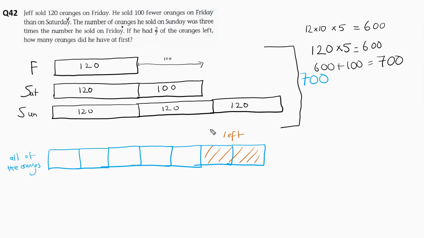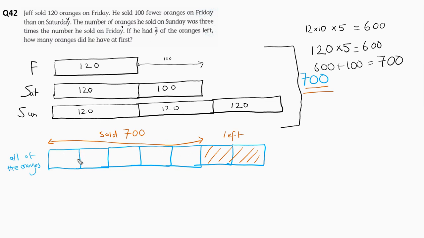Well, if 2/7 were left, that means that 5/7 were sold. And we have worked out how many oranges were sold. So we know that this part of the model here, these were sold, that is 700. This part of the model has a value of 700.